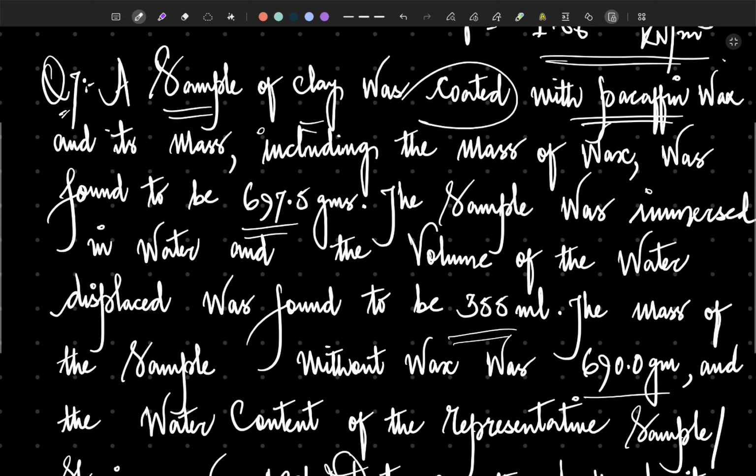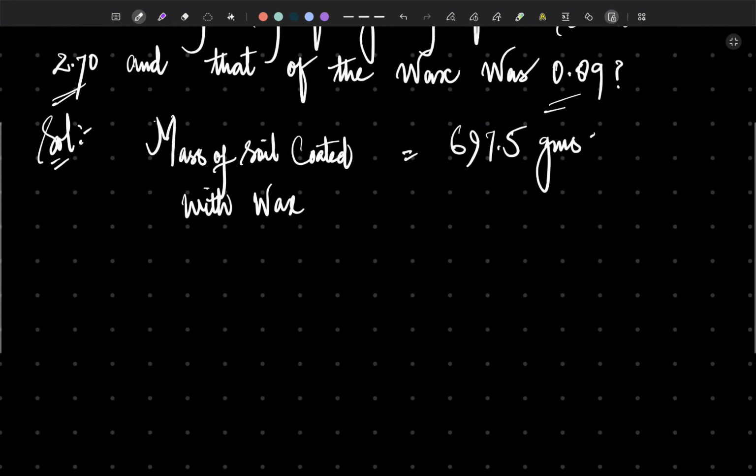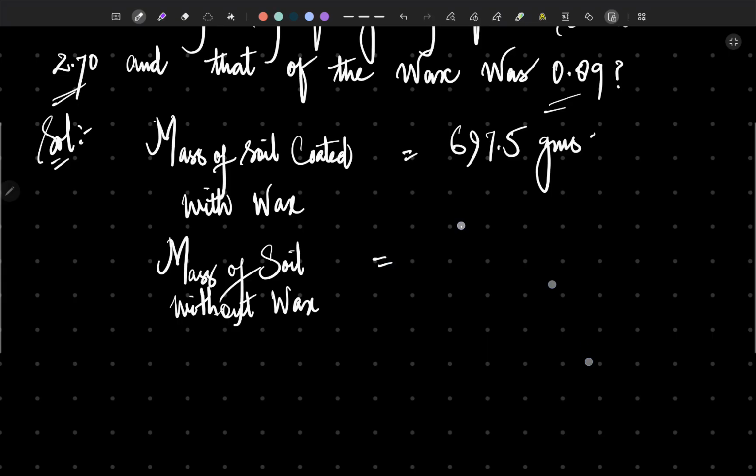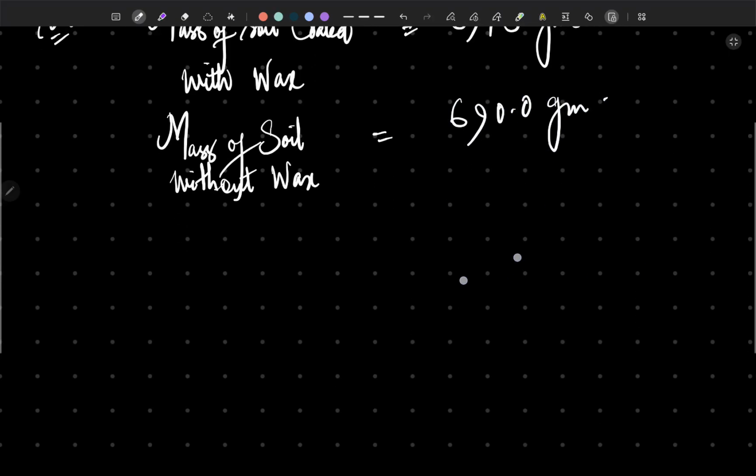The mass of the sample without wax was 690 grams. Mass of soil without coating, without wax, is how much? 690 grams. That means the mass of the wax itself is how much?